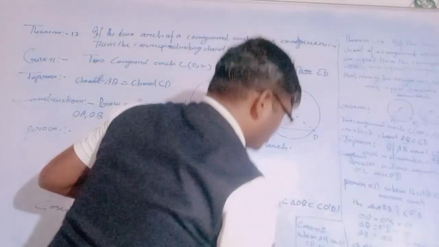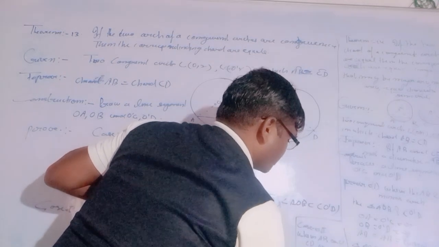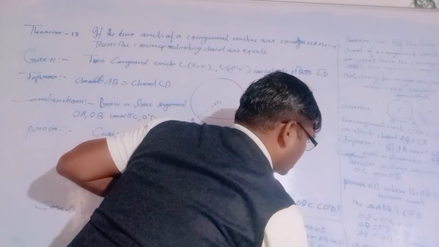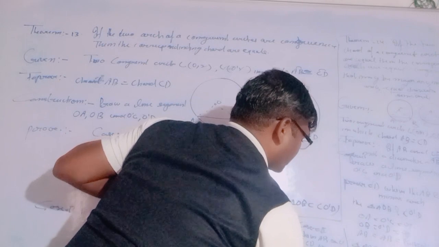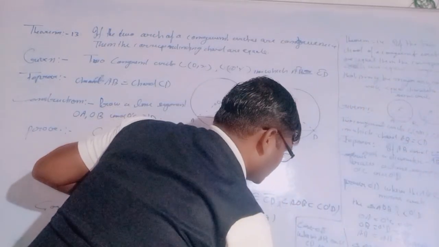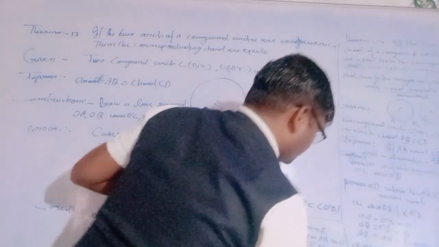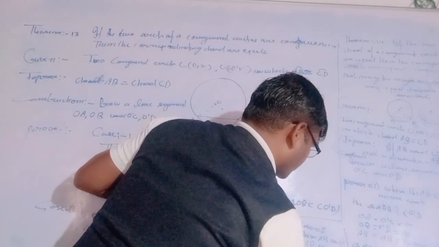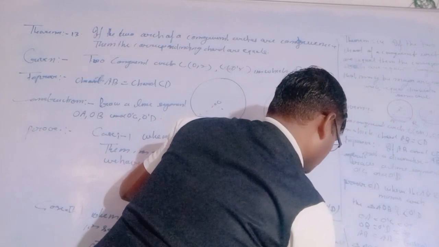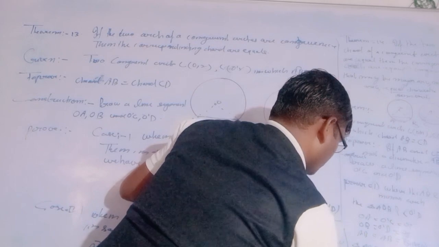So minor arc AB is congruent to minor arc CD. So we can say 360 minus minor arc BA is equal to 360 minus minor arc DC.